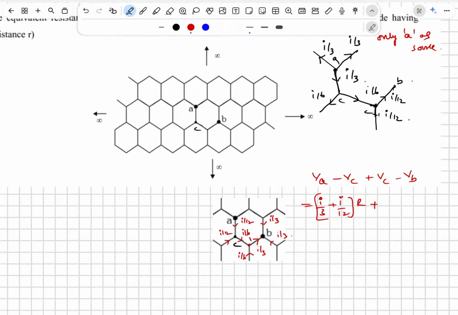We will call this point D. VC minus VD, VD minus VB. VC minus VD, it is C to D. VC minus VD, I by 6 plus I by 6. VD minus VB, I by 3 plus I by 12.